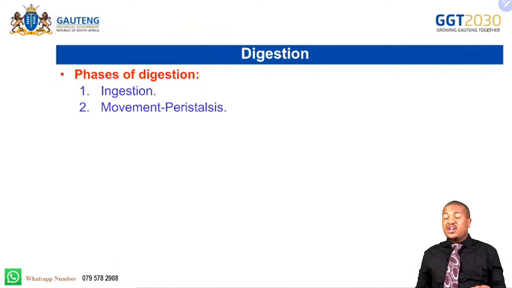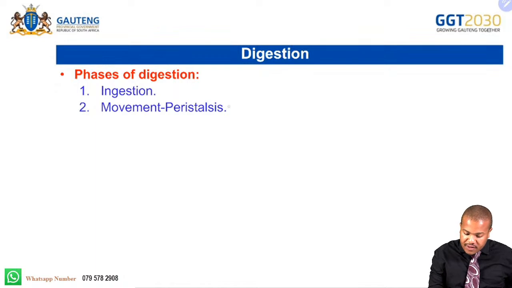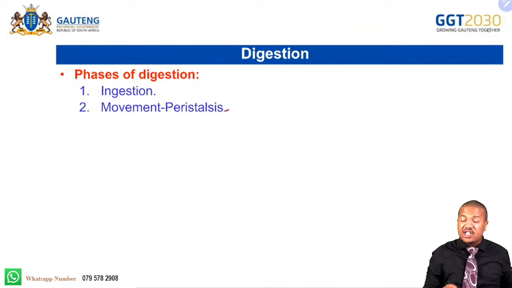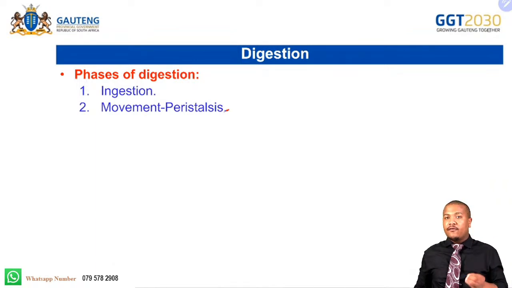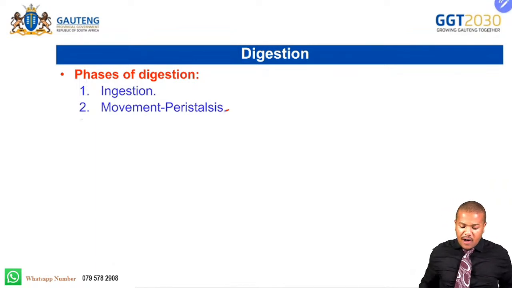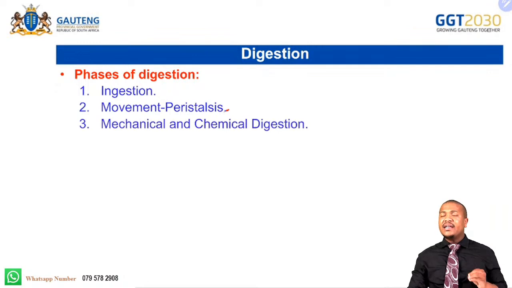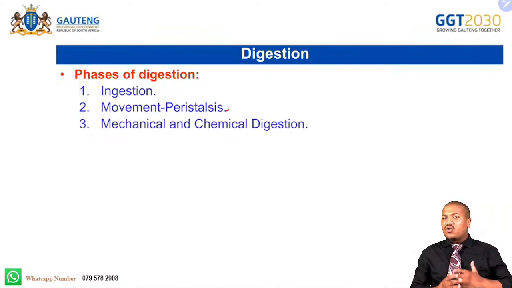After ingestion, it is followed by movement of this food, the movement called peristalsis, which is the wave-like movement of the muscle in our digestive tract, right? The wave-like contractions to move the food. Also, after that, there is mechanical and chemical digestion: the physical breaking down of food and the chemical breaking down of food.